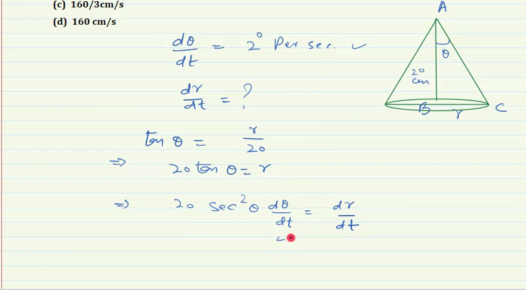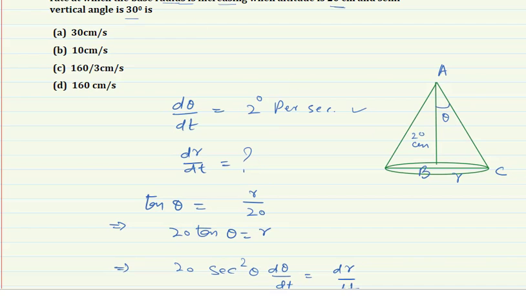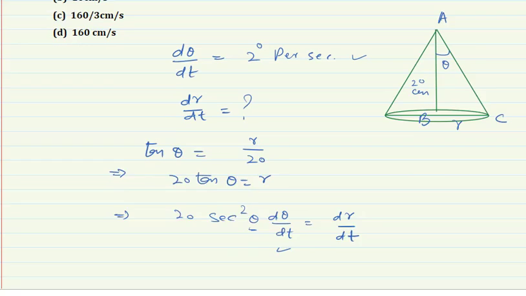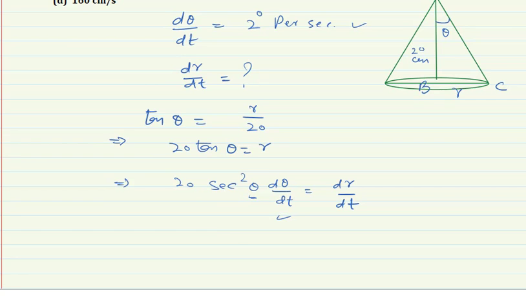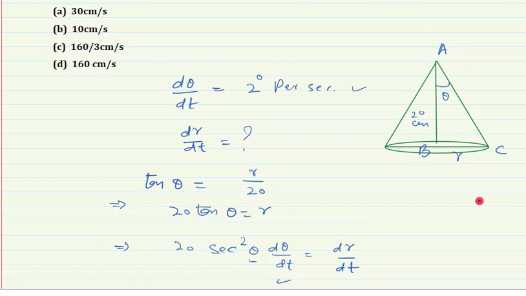So put the value of d theta by dt here, and theta is given to you as 30 degree. Put the value of theta over here. So the correct answer will be 160 upon 3, means your C option is correct. So after putting the value of theta and d theta by dt, you easily calculate the answer, which is C.